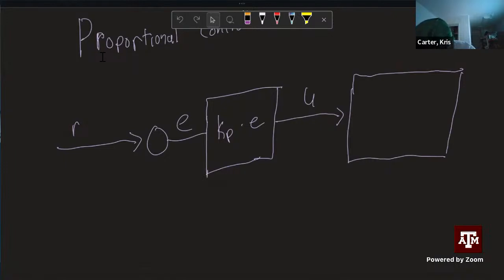Then you have d2 theta over dt2. Hold up.